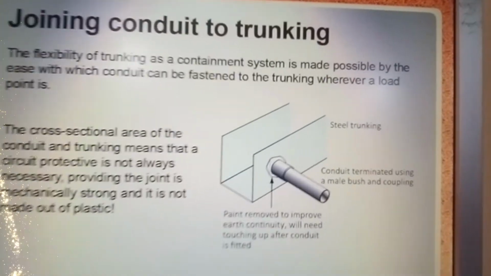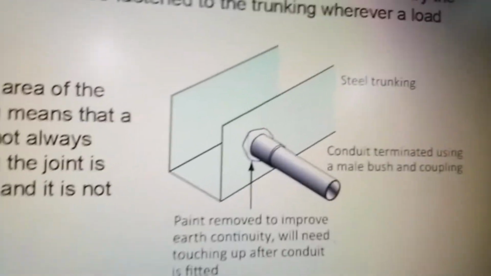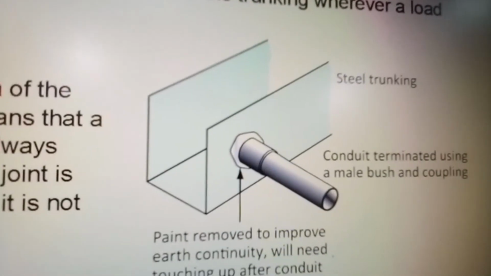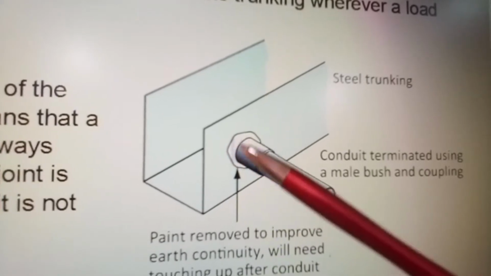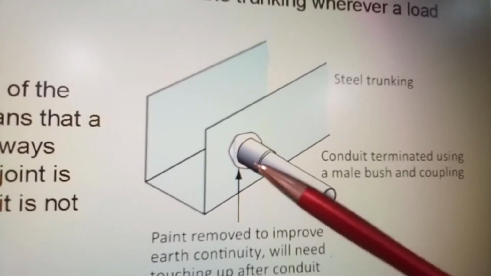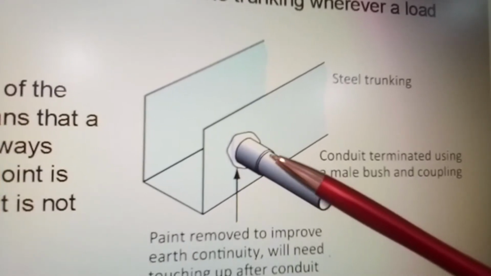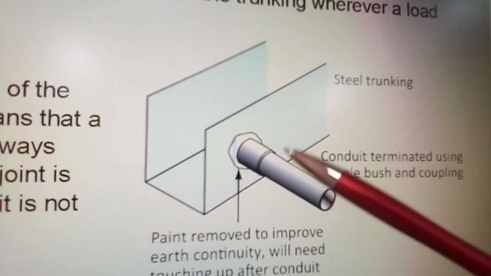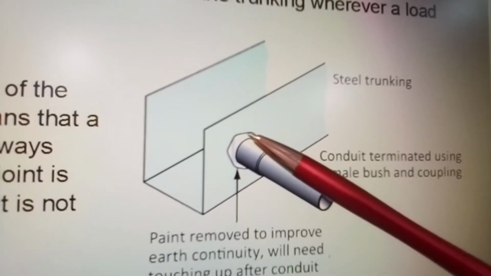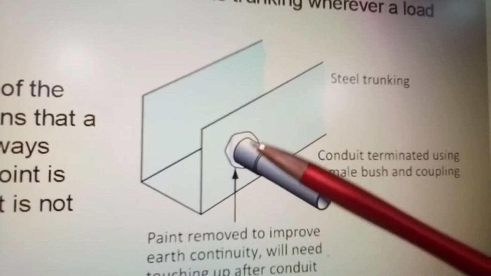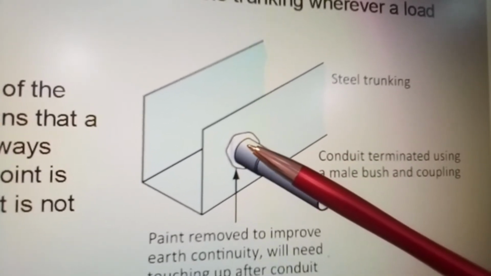And again here we're showing you how the conduit is secured to the trunking. Now this has been cleaned off to make a good bond, but remember that over time, vibration causes the conduit to come loose. So you are strongly recommended, every time, to run a separate earth to make sure that the conduit is bonded to earth, irrespective of whether or not this connection is secure.